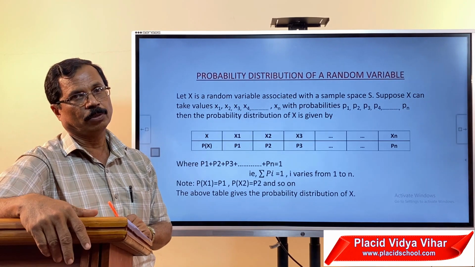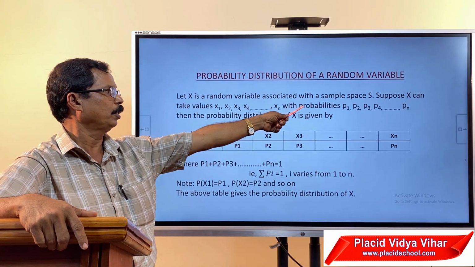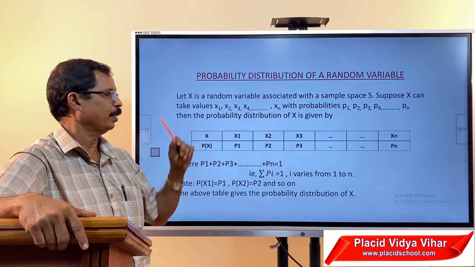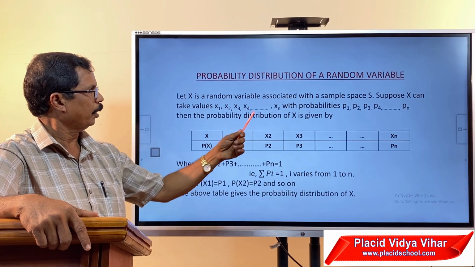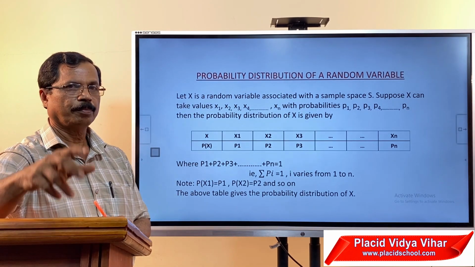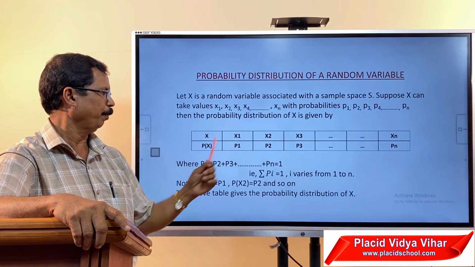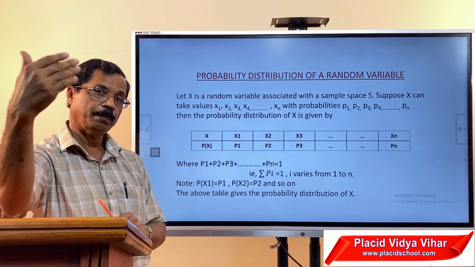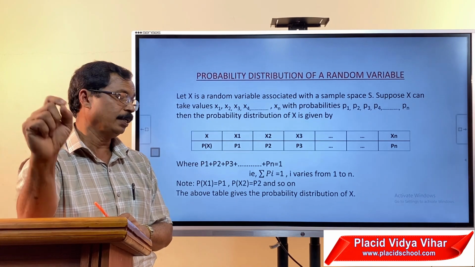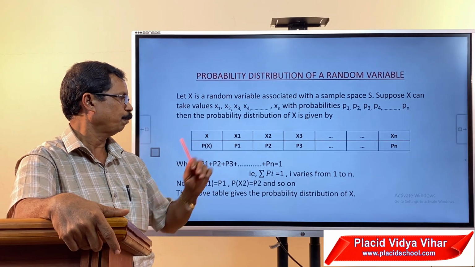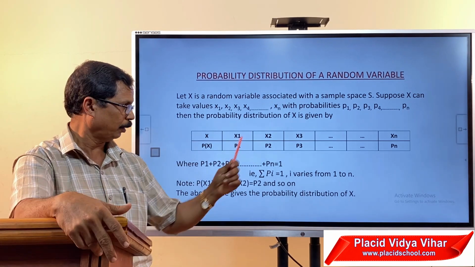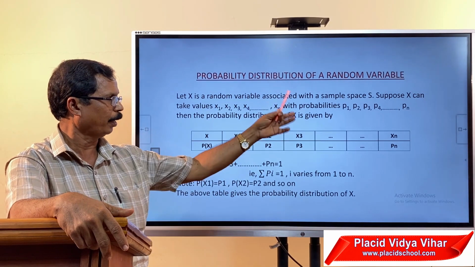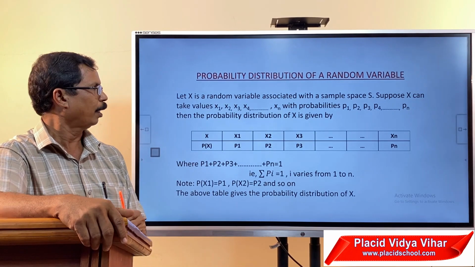And there is also probability. Look at this with the probabilities. The probability of x1, you can take it as P1. The probability of x2, that means when capital X is replaced by x2, what is its probability? You can take it as P2. Then P3 for x3, etc., Pn. Okay.